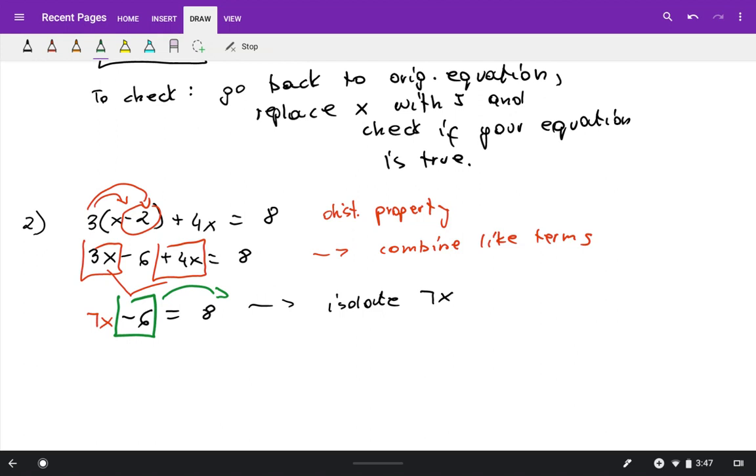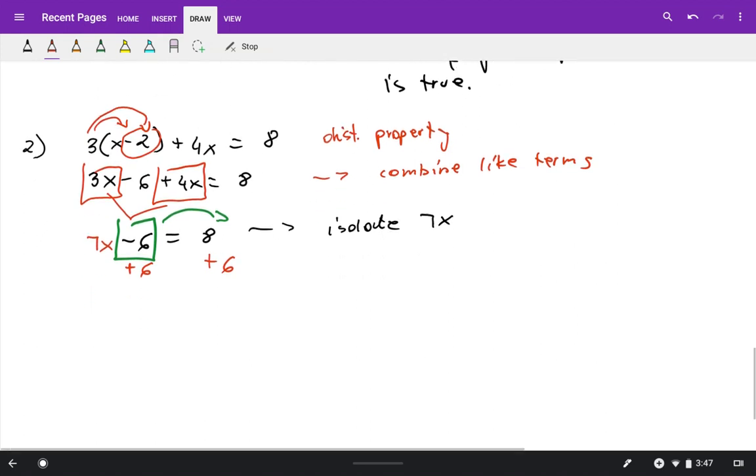To move a number to the other side, you're always using the opposite. And the opposite of negative 6 is positive 6. So we're adding 6 to both sides of the equation. And the idea is that here you'll get 0. Negative 6 plus 6, of course, is 0. So we end up with 7x equal 8 plus 6, which is 14.